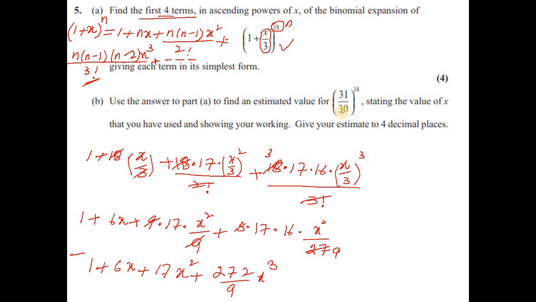If you compare this, the whole power 18 is the same, but inside, this is 1 + x by 3 and this is 31 over 30. So you can compare these and say that 1 + x over 3 equals 31 over 30. And you can solve this equation for the value of x.